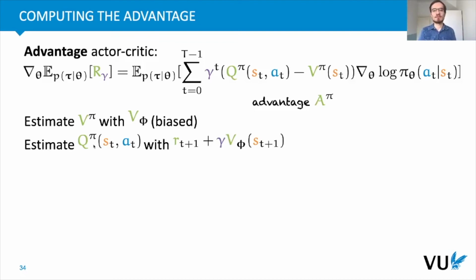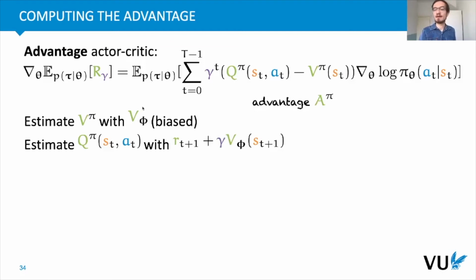Now there is one thing that you might have noticed, which is that it says estimate v pi with v phi, so it's a neural network, and it says here biased. So why is it biased? If you look at this equation, in here we have the Q function of the policy pi minus the value function of policy pi. So the Actor-Critic algorithm reinforces based on the Q value of the policy pi.